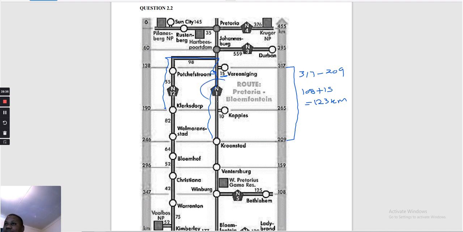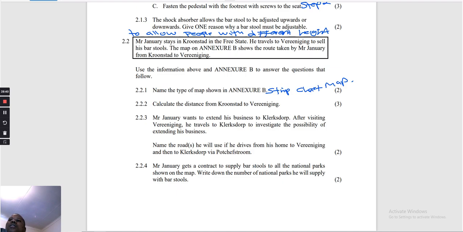He will use N1 and N12. Let's see. N1 and N12. Mr. January gets a contract to supply bar stools to all the national parks shown on the map. Write down the number of national parks he will supply with the bar stools.